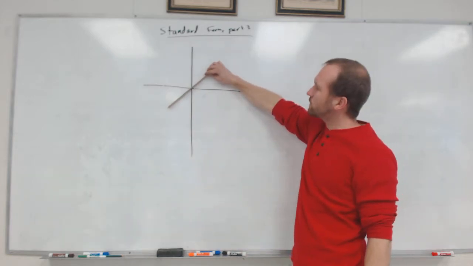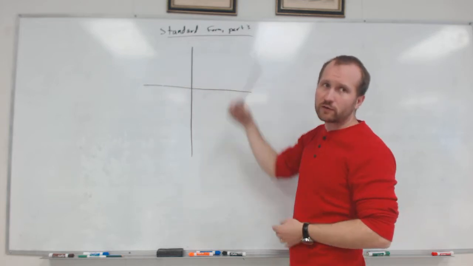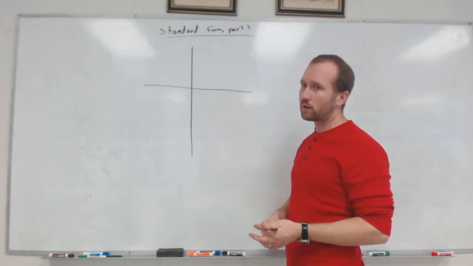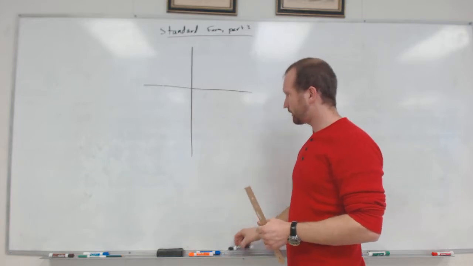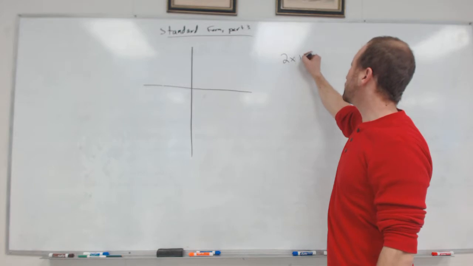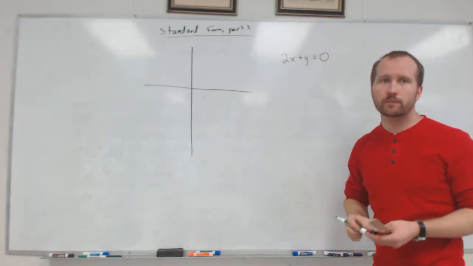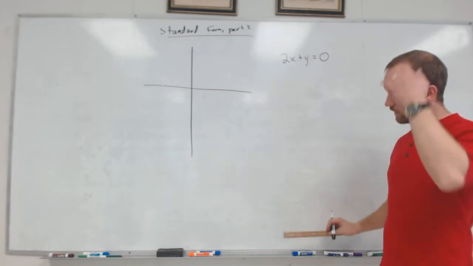If you have a line that goes right through the middle, the trick that we learned for standard form won't work. For example, if I had something like 2x plus y equals 0. And here's why it won't work.